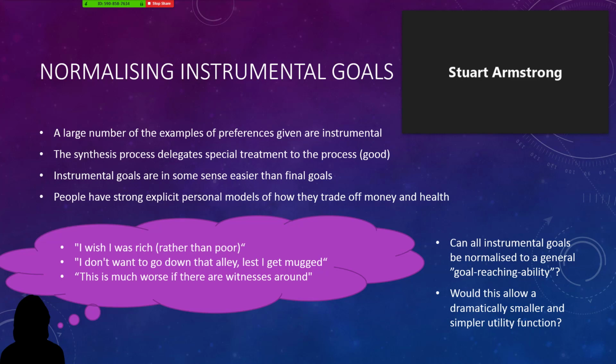The reason I separated out the identity preferences is because they seem to be very important in humans and very, very likely to get lost in the sort of stereotypical idea of building an expected utility maximizer.